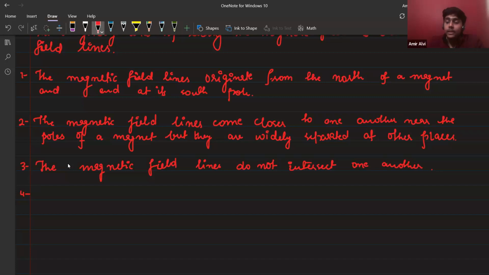The magnitude of the magnetic field will be very high if the magnetic field lines are very closely bounded together. Clear? Yes, sir. Just like a normal concept, atoms are very closely packed in solids, loosely packed in liquids, and very loosely packed in gases. It's very difficult to break a solid because the density is very high. Same thing happens here, so the magnitude of the magnetic field will be very high when the magnetic field lines are very closely crowded. Clear?